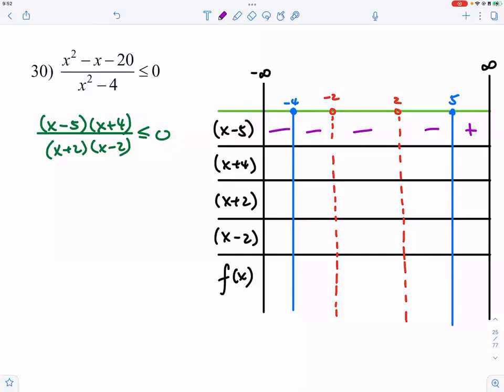For x plus 4, it will be positive if it's greater than -4, but if it's less than -4, it becomes negative. For x plus 2, it is positive if x is bigger than -2, but if it's less than -2, it's negative. And for x minus 2, it will be positive if x is bigger than 2, but negative if it is less than 2.